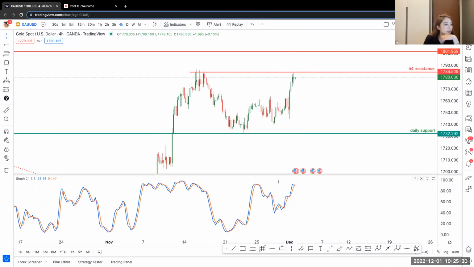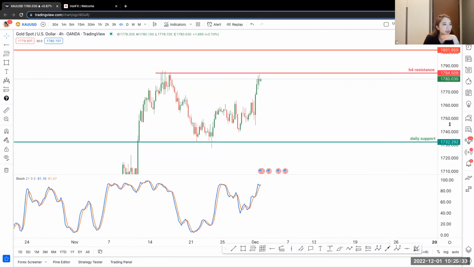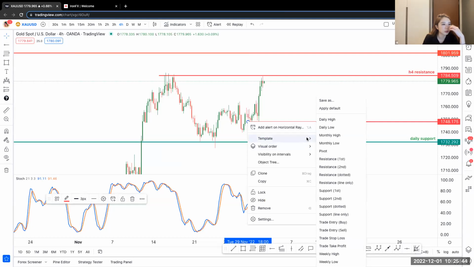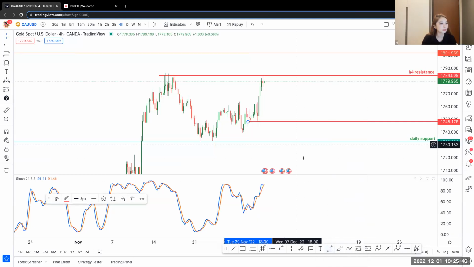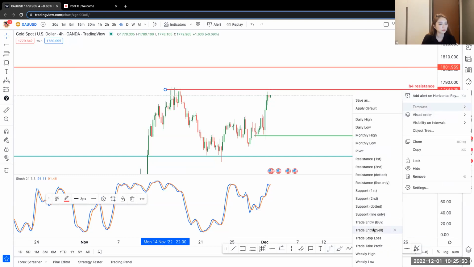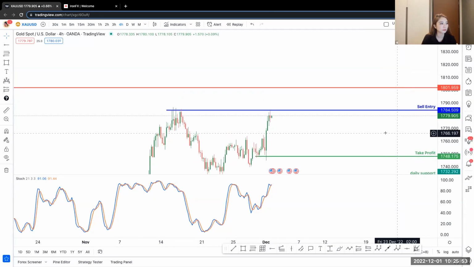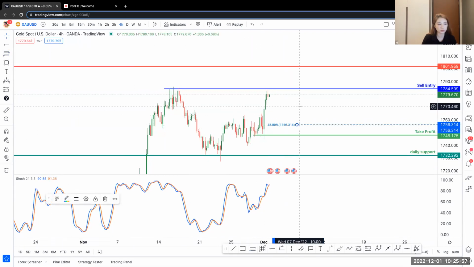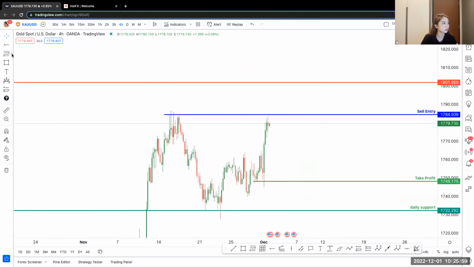We are looking at stochastics as well. I'm looking at a current drop, but a smaller one, about here with the recent very small support. Let's take Fibonacci projection.